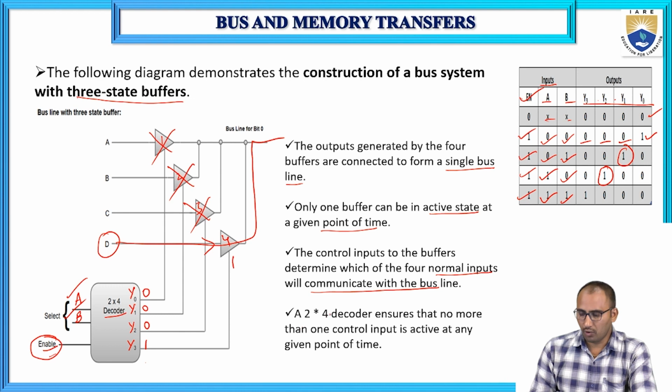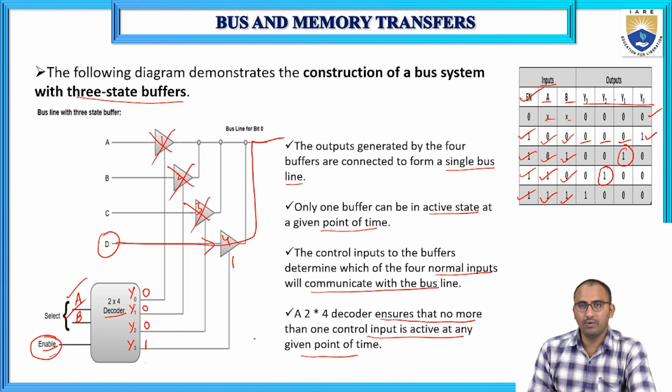And a 2x4 decoder ensures that no more than one control input is active at any given point of time. So this is how we construct a common bus system using tri-state buffers.